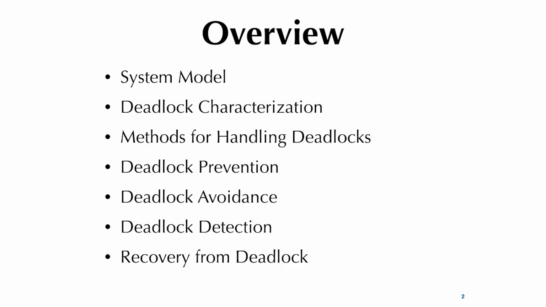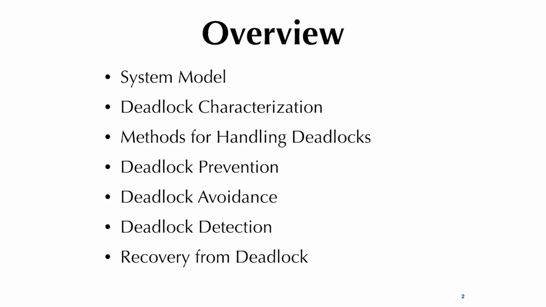So first is a system model and the different characterizations of deadlock, then ways of handling deadlocks, and there are four of them. First is prevention if possible, that is, don't make it happen. But if you can't prevent, you could at least try avoiding.